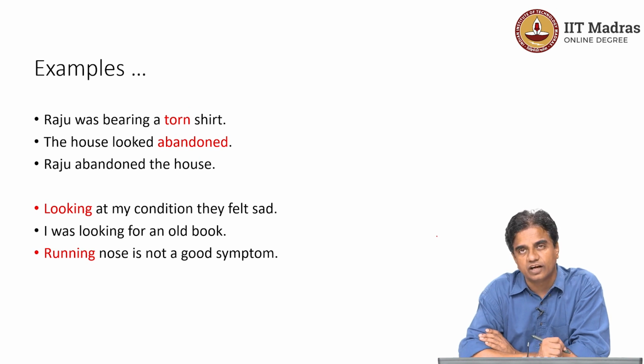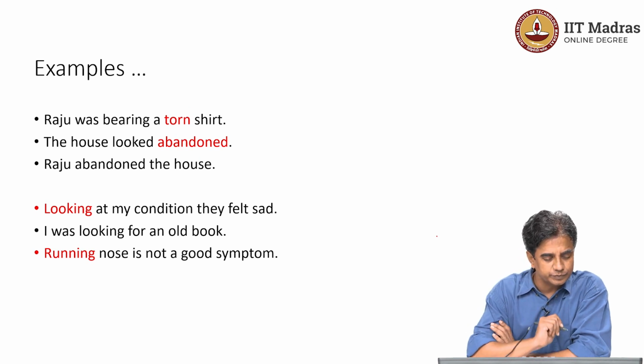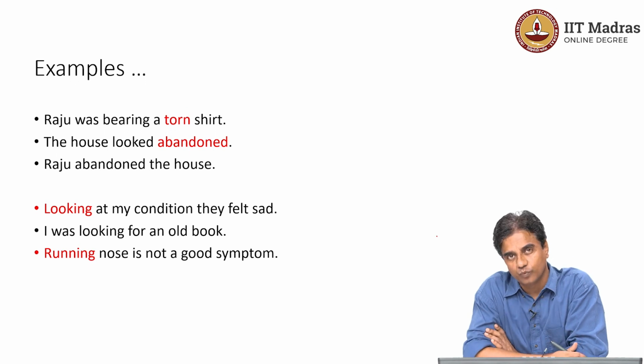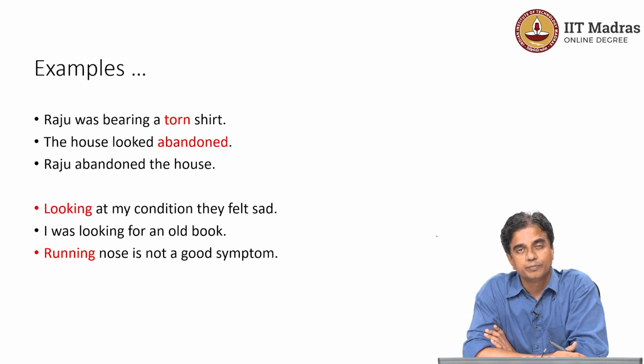Raju abandoned the house. Please pay attention to these three sentences, and through these examples, by paying close attention to these aspects, we will see the functions and their purpose in the sentence.